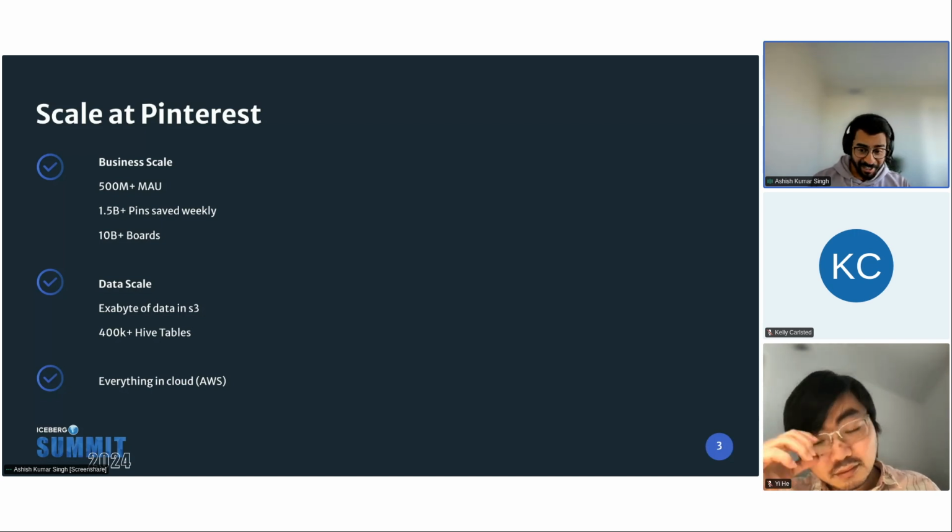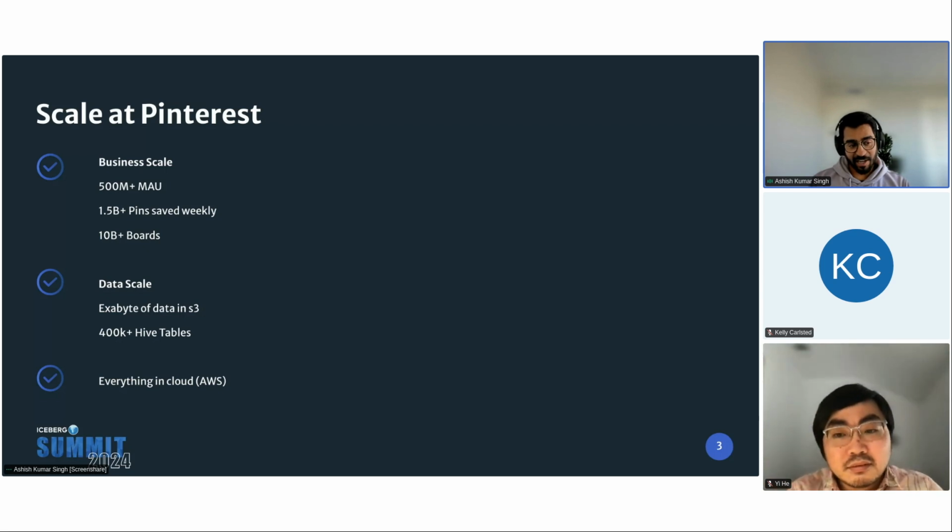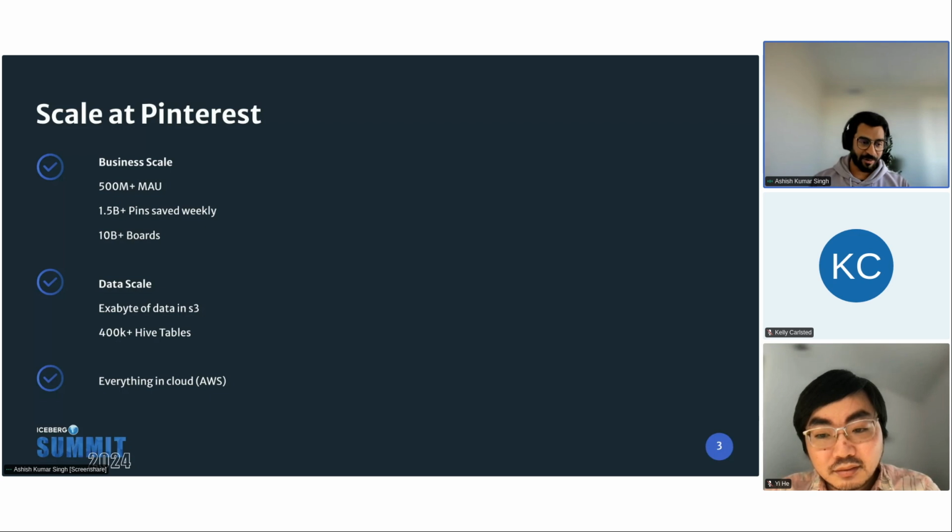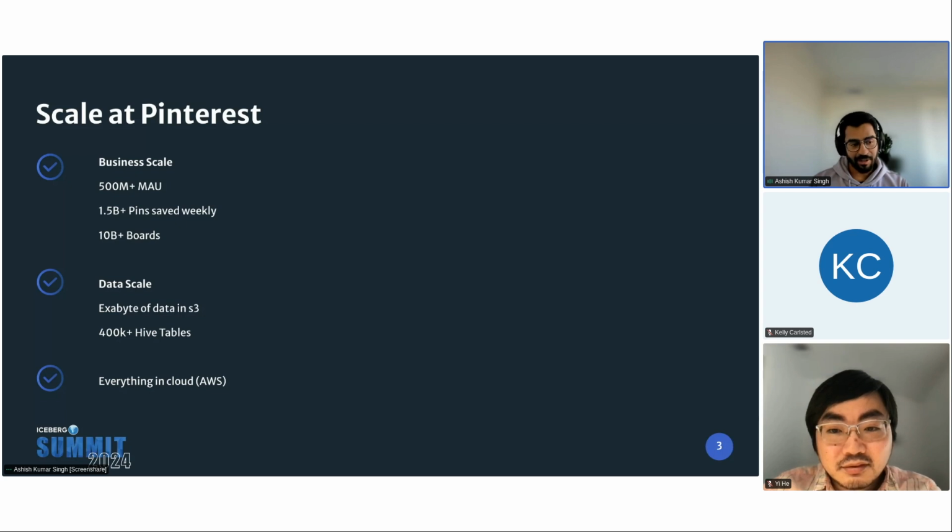And more interestingly, when it comes to data scale, we have around an exabyte of data on AWS S3, 400,000 plus Hive tables, and we have all of our services and data in the cloud. We typically use AWS.